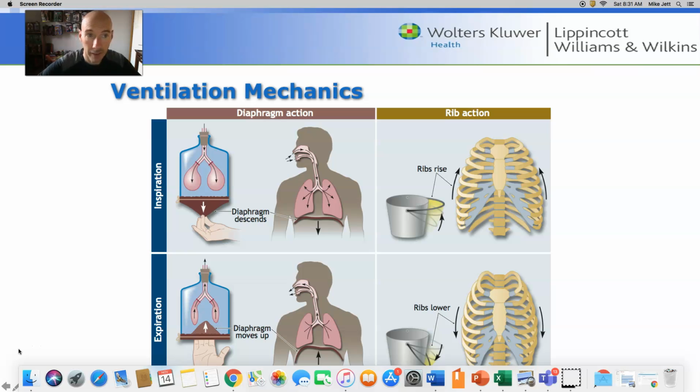So the diaphragm is very much the main muscle involved in helping us breathe. Again, diaphragm drops, pressure drops in our lungs, that pulls air in. We call that inspiration. Diaphragm rises, pressure goes up in our lungs, that drives air out. We call that expiration.